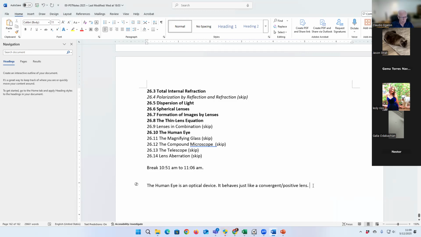But in real life, it's not just the lens that bends the light that comes from outside. The cornea also plays a role, okay?